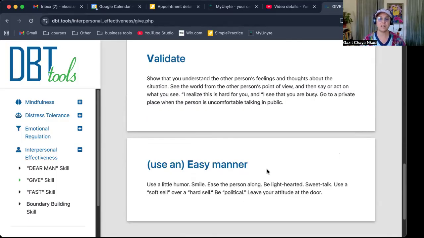So Give takes a lot of maturity, a lot of personal resources. It's extremely generous. And you're not going to always have the nervous system capacity to do it.